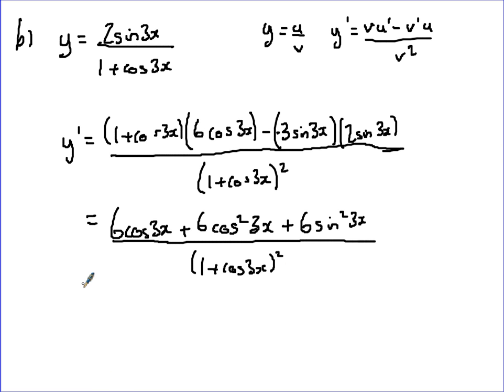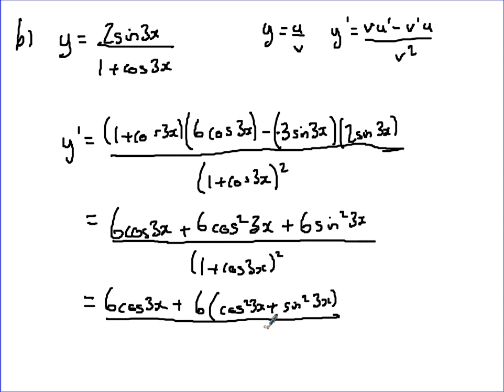At that point we then go, right, okay, what can we do now? Can we put anything together? Well, what you can spot is your cos squared and your sine squared. If you take the 6 outside, you end up with cos squared 3x plus sine squared 3x. And you should be aware that cos squared x plus sine squared x gives you 1.